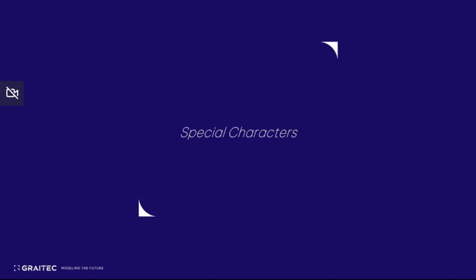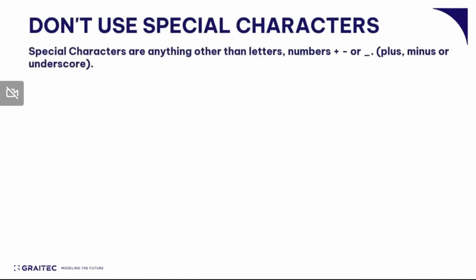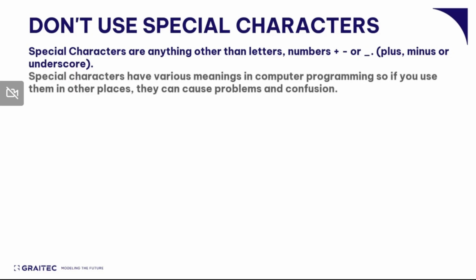Next tip, special characters. Now this catches people out from time to time. You must not use special characters. Special characters are anything other than letters, numbers, plus, minus, or underscore. The special characters I'm talking about are things like the dollar sign or the apostrophe or the ampersand sign, anything like those.